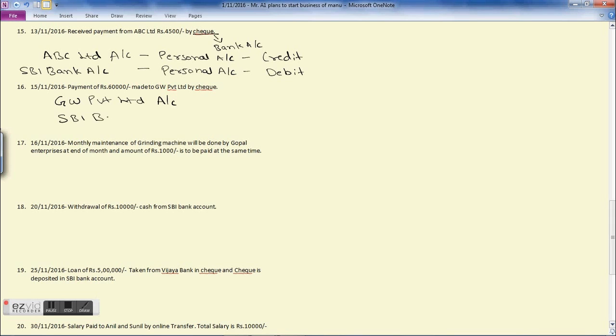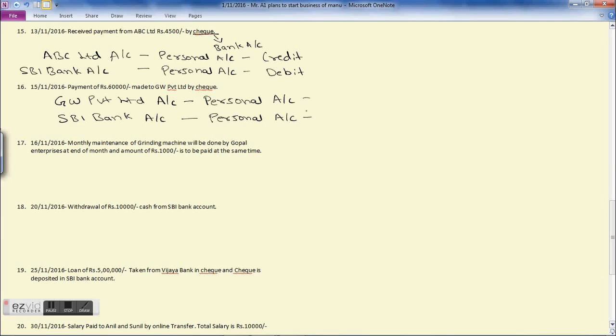Check means SBI bank account. What is the nature of the account? GW Private Limited is a company, so it's a personal account. SBI bank, an organization's bank, is a personal account.